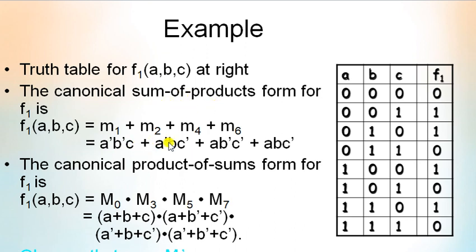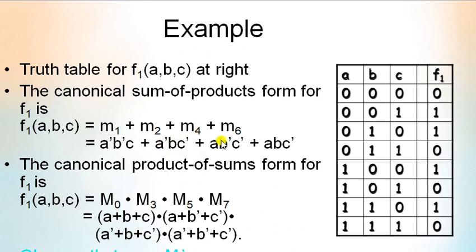So this is the sum of products, so we put the plus operator here. And for m2, the binary equivalent of m2 is 0, 1, 0 according to this truth table. So we write A dash B C dash for m2.